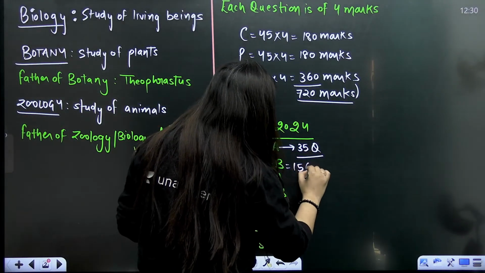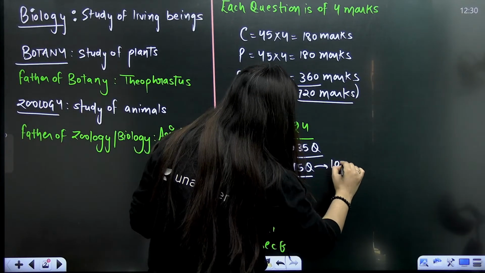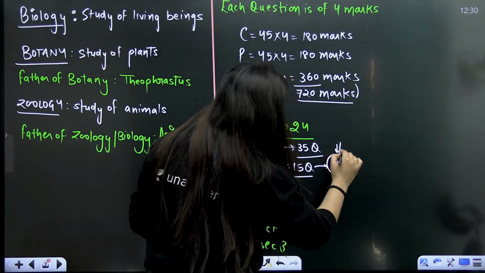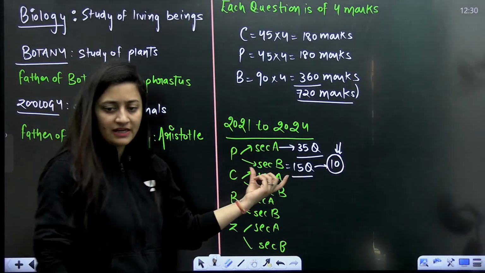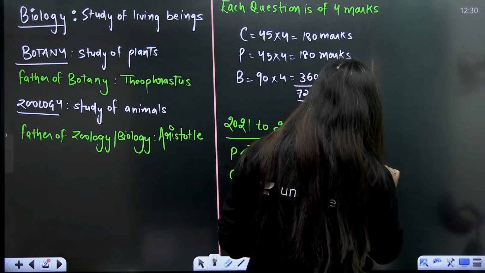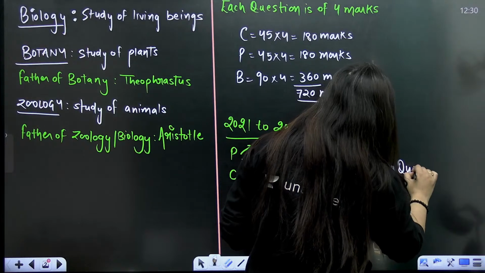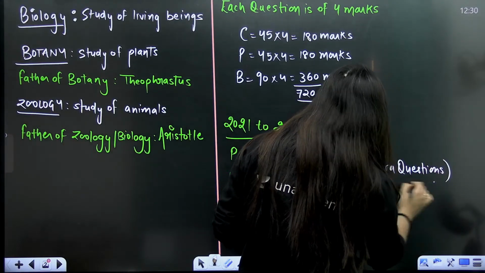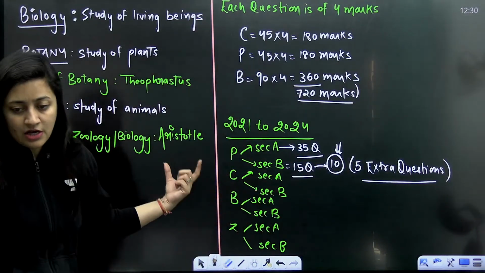In Section B, 15 questions were there, out of which we needed to answer 10. So basically, choice was there: 5 extra questions, and you used to get the choice here.